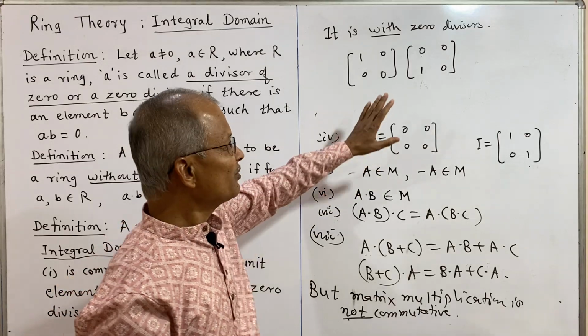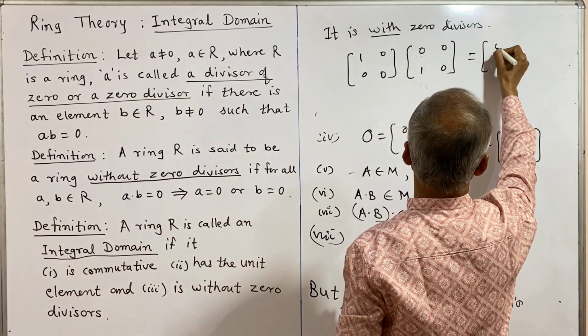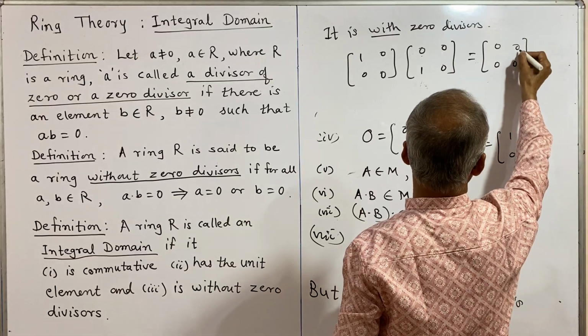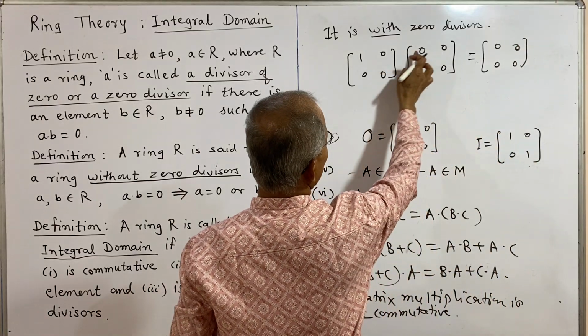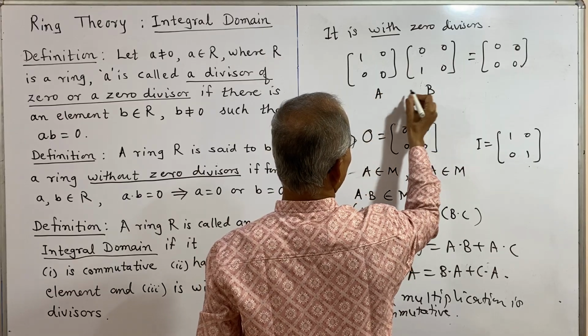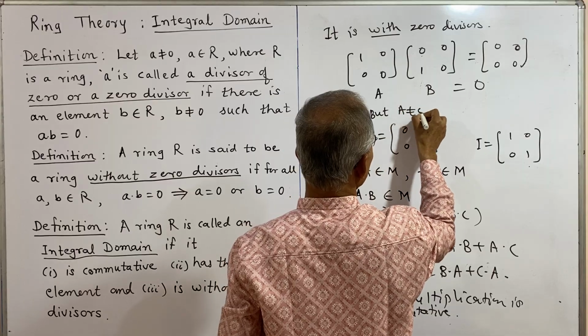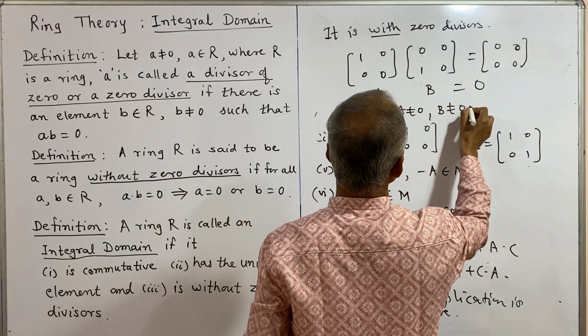So you may take two matrices such that their product is 0, but none of them is 0. Here you see, A times B is O, but A is not 0, B is not equal to 0.